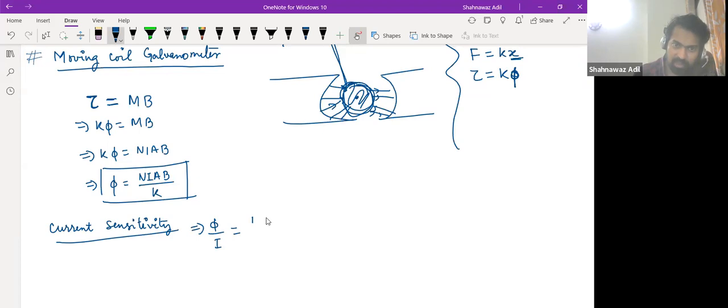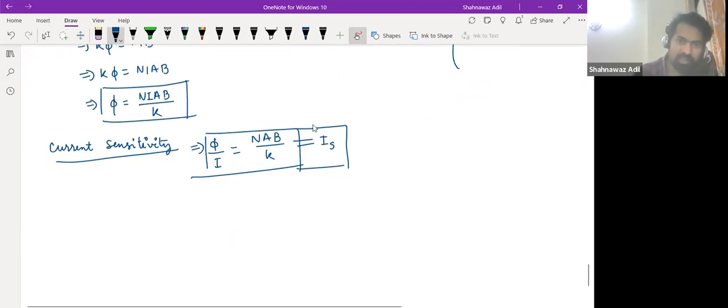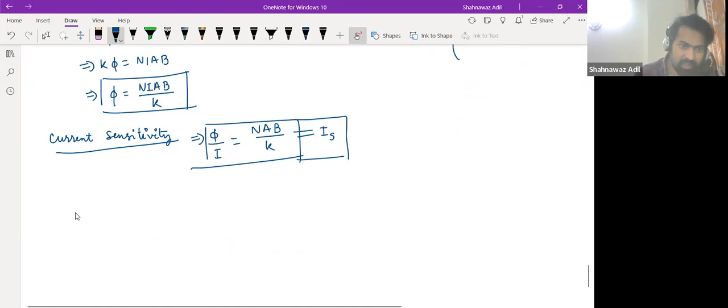This was called the current sensitivity, right? And then we had this voltage sensitivity also.